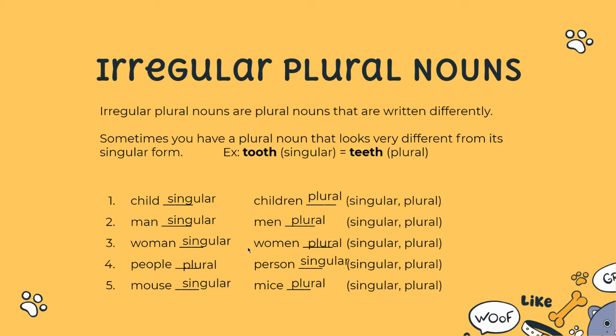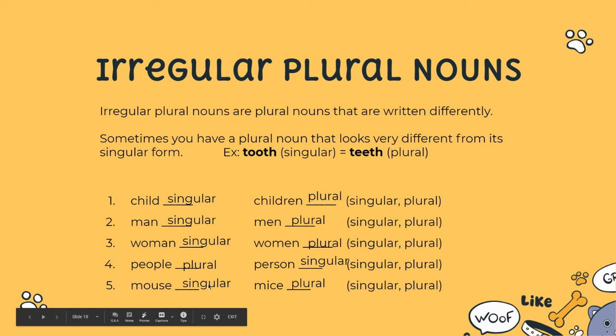So they're going to be different. The word woman that has the A is going to be singular, and same thing happens with man. It has an A, it's going to be singular. And the words men and women have the E, and it's going to be plural. Number four, people, that's plural. Person, that's singular. Mouse, that's singular. And mice, that's plural. You see? So we have different types of irregular nouns.